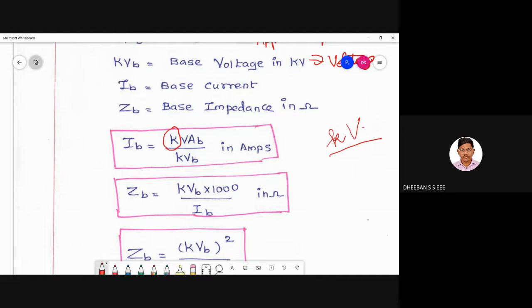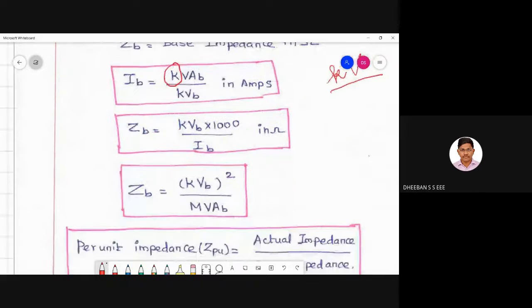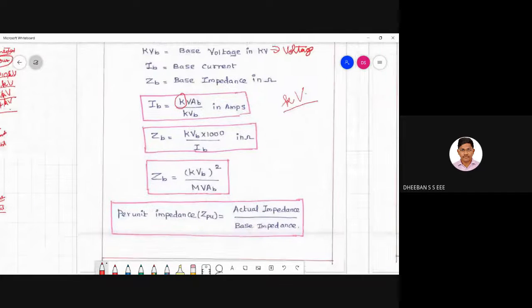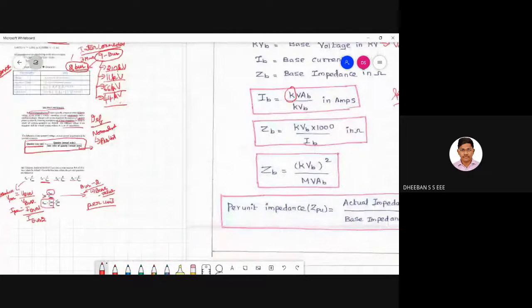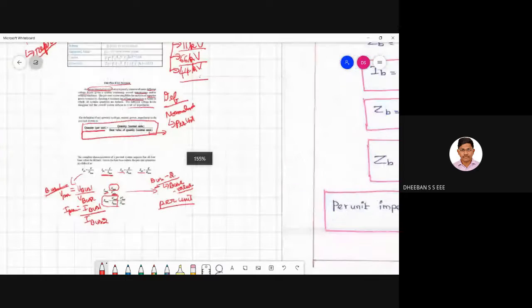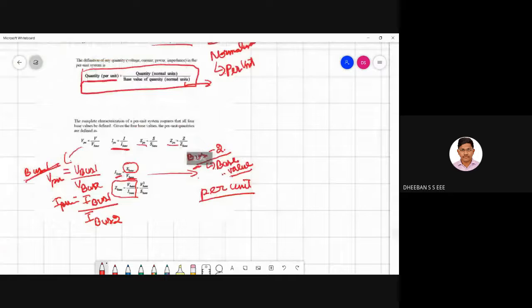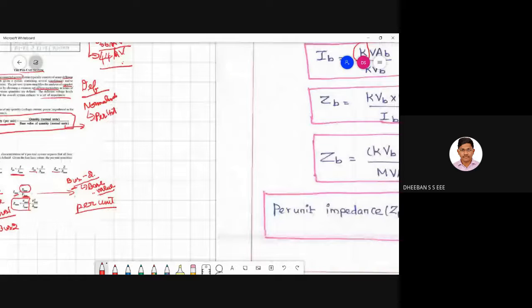It is a normal Ohm's law, and this Z base is in terms of the power representation, that is kV base squared by MVA. The formula that we have seen over here and this formula are the same.